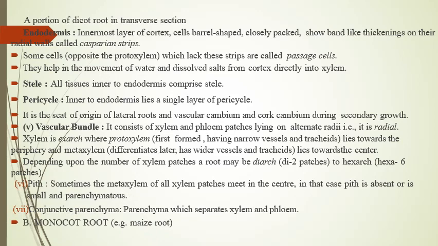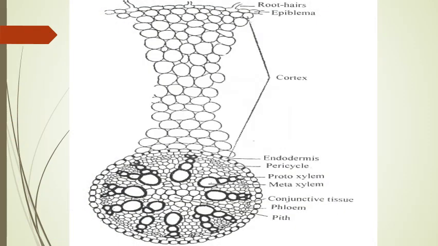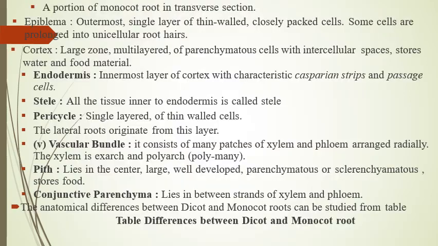Next is monocot root, maize. A thin TS shows the following structures. You can see here root hairs. In this portion of monocot root in transverse section, epiblema is the outermost single layer of thin walled closely packed cells.